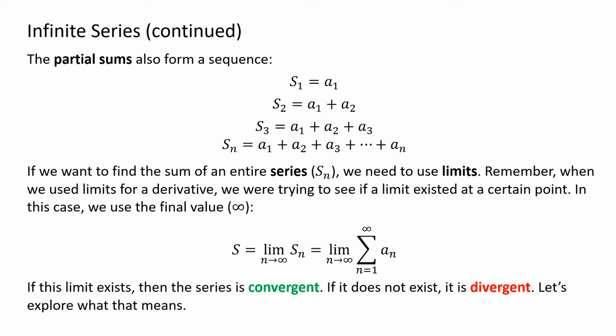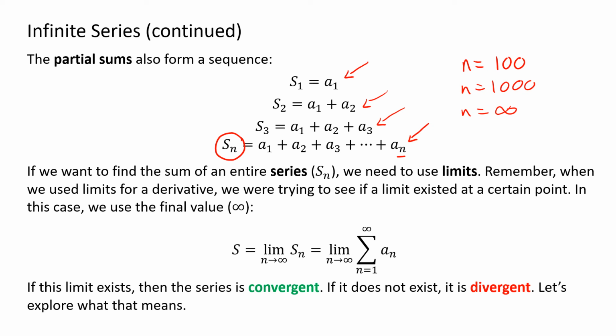S1 was the sum of the first term, S2 was the sum of the first and second term, S3 was the sum of the first, second, and third term. It continues on all the way to Sn, which is equal to the sum of the first n terms, whether n is 100, 1,000, or if n starts to approach infinity, which is where the majority of these series will go.